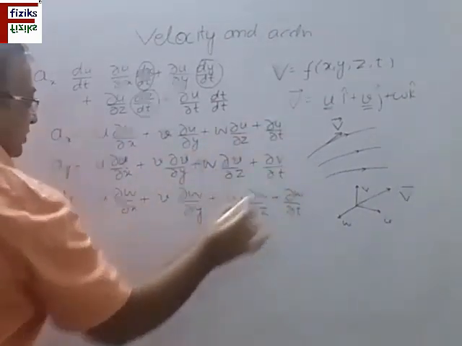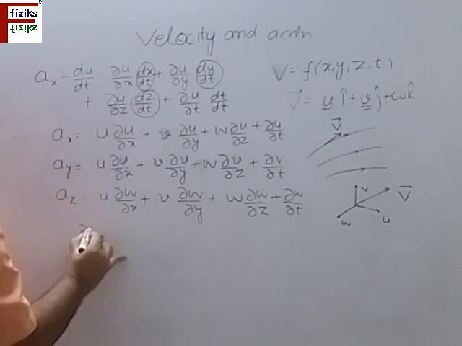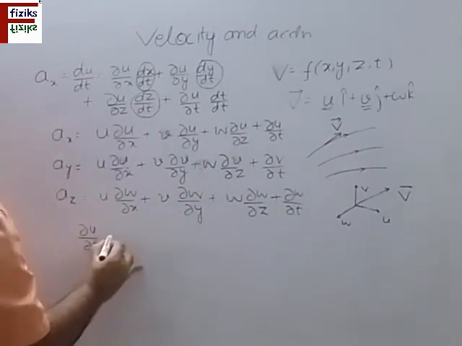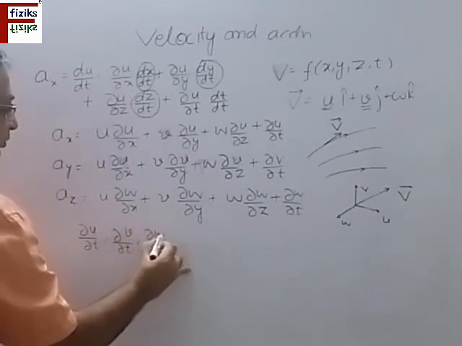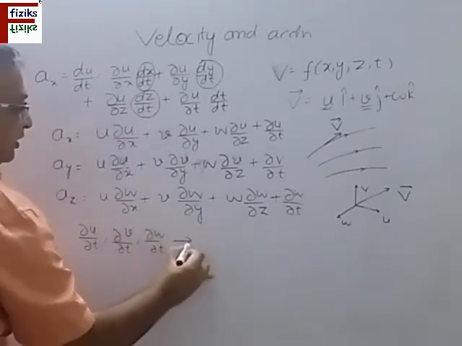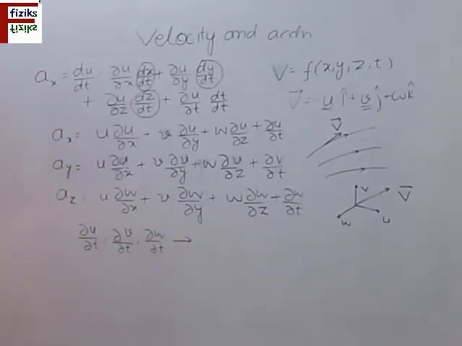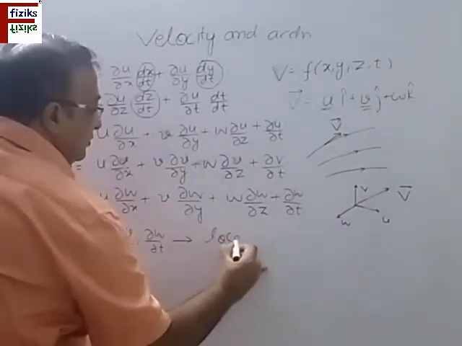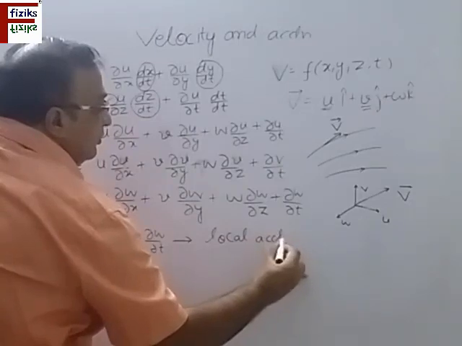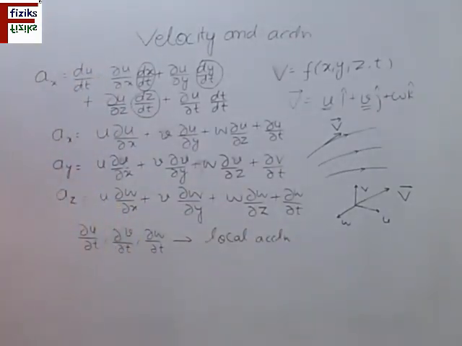So the terms which are varying with time, del u by del t, del v by del t, and del w by del t, are known as the local acceleration. These three terms are known as the local acceleration, whereas the rest of the terms are known as convective acceleration.